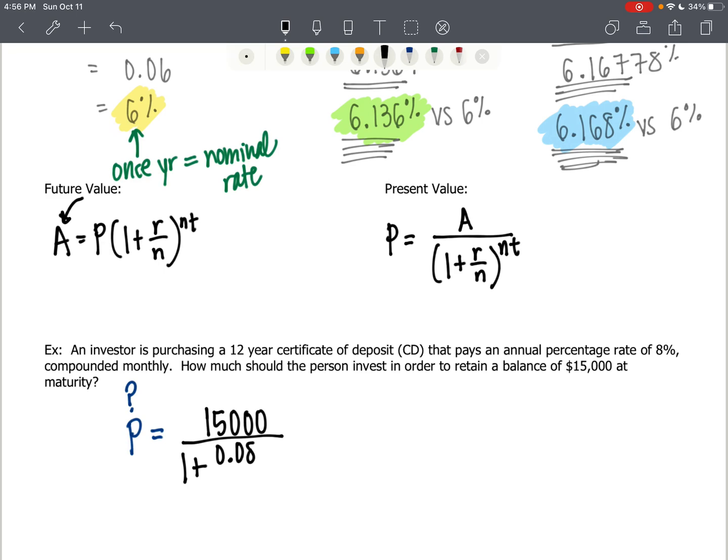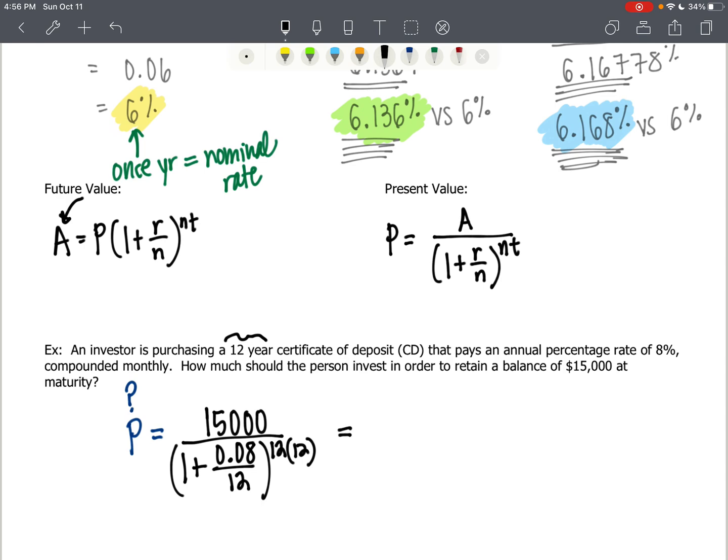The interest rate is 0.08, which is 8%. Compounded monthly would be divided by 12, and then that's raised to the 12 times 12 power. Why 12 times 12? 12 for monthly, and then 12 for 12 years.